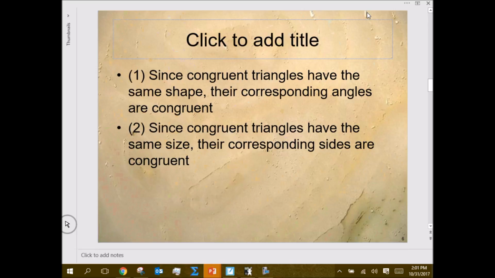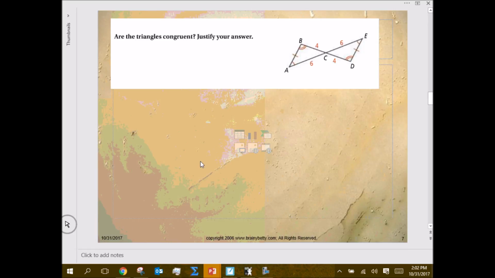How big is that shape? So when we say same size, same shape, those two components are dictated by separate things. So that's something to keep in mind as we go through some of the questions in a little bit.